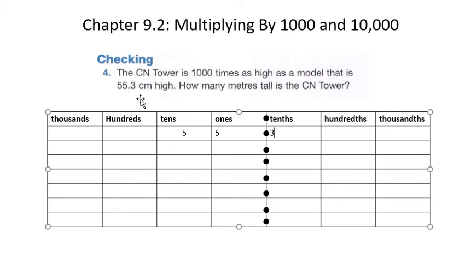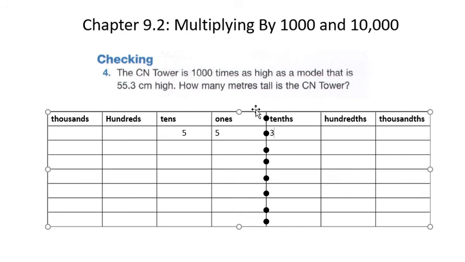So let's see if we can take this and multiply it by 1,000. But we're going to multiply it by 10 three different times. So if I multiply it by 10 once, then I have my answer. Then if I multiply it by 10 again, that's like multiplying it by 100.